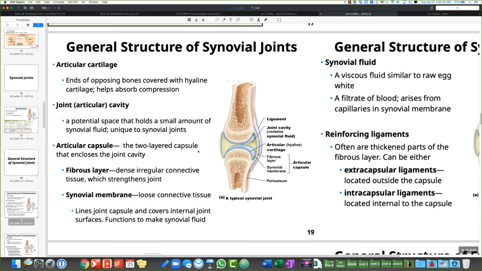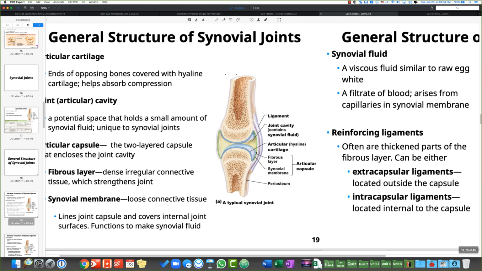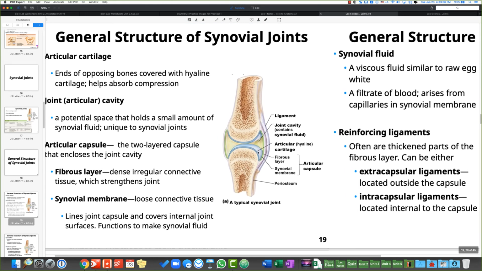Now, this articular capsule has a few layers around it, and I distinctly remember this is on the exam, so make sure you know this. There is a 2-layer capsule that encloses this joint cavity. There's the fibrous layer, which is actually right here.